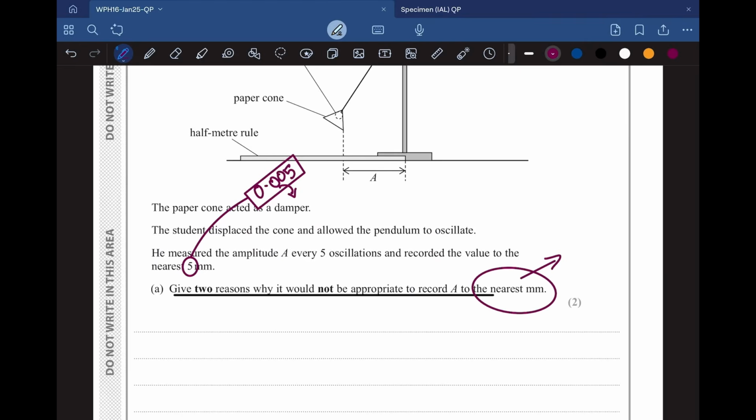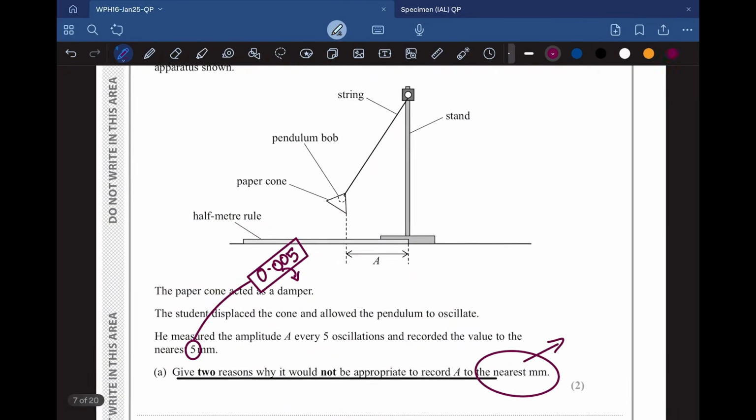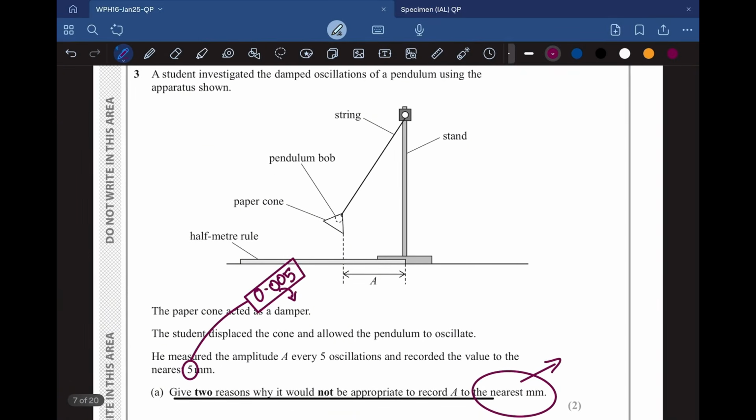Now here there are a lot of decimal places, right? Why is it not appropriate to take a lot of decimal places? It is because here you can see a pendulum bob, and to be able to measure the A, the first thing is that it is very difficult to measure this maximum displacement.